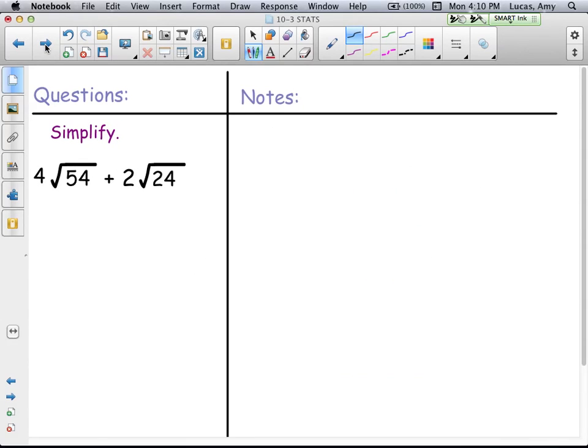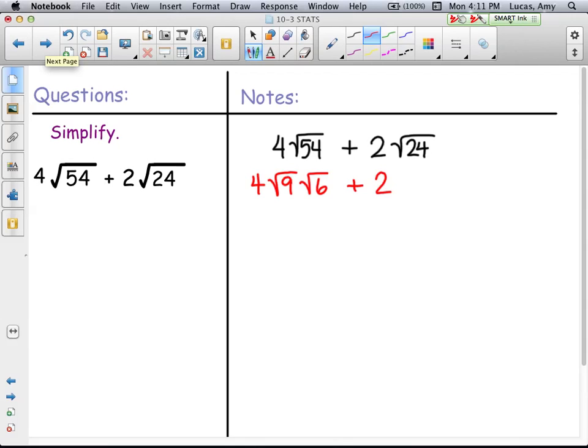Okay, this next problem, we are going to be using some of the skills that we worked on in section 10.2, because these radicals right now are not the same. I don't have like radicands here. So I'm going to do a little simplifying first. 54 is 9 times 6. And 24 is 4 times 6.